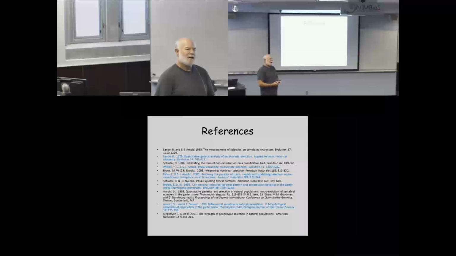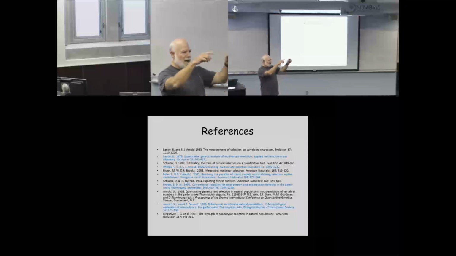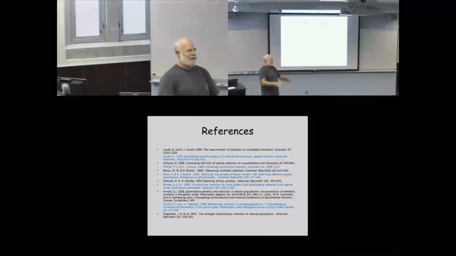Now, I'm sorry to say that what a lot of people have done in the literature is just estimate betas, right, and forget about the curvature of the surface. But I find that very unsatisfactory because the betas are just telling you about maybe the direction towards the optimum, and they're not telling you anything about stabilizing selection or correlational selection, and you're not really using your data to ask important questions about the mode of selection.